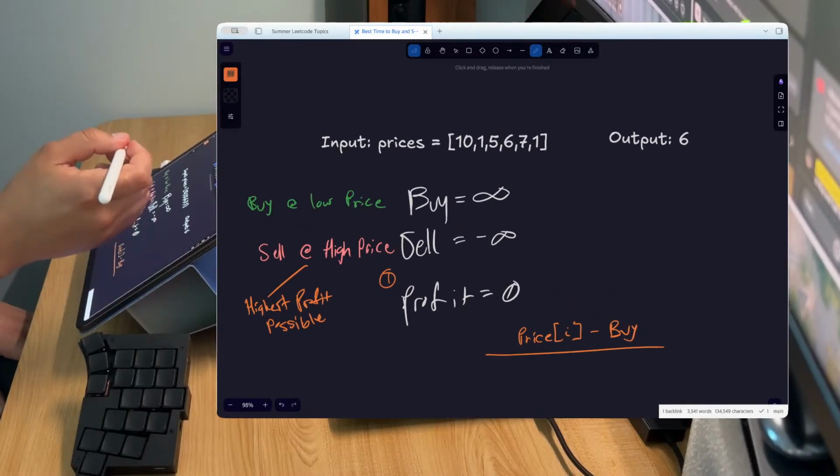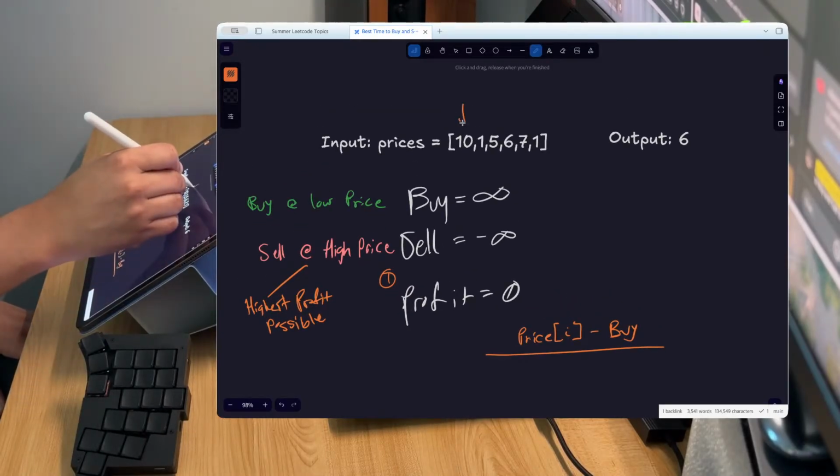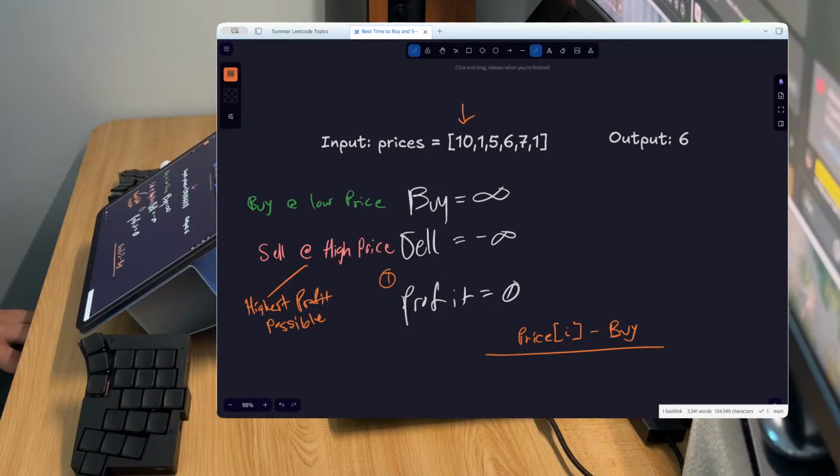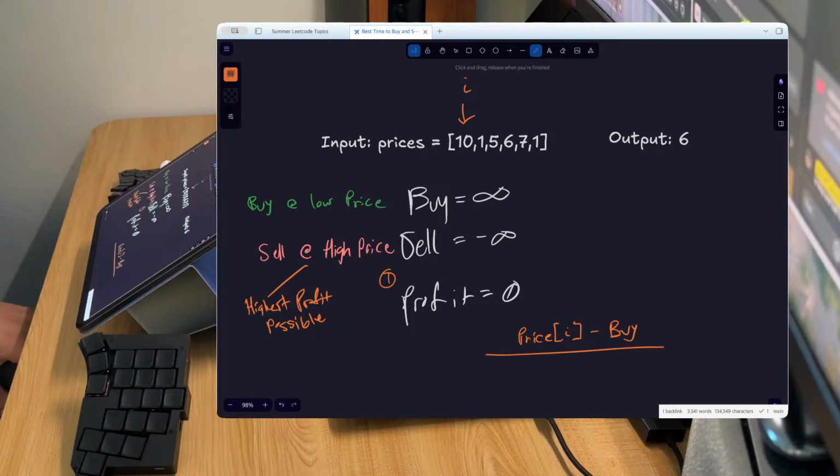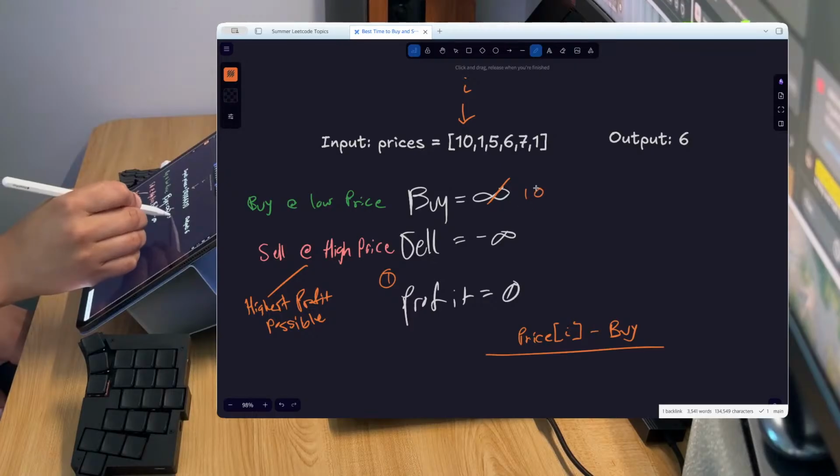Okay, so when we start, we set the buy price only if the current index is lower than our buy price. Initially it would be infinity, so it would be set.